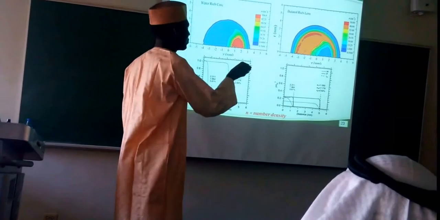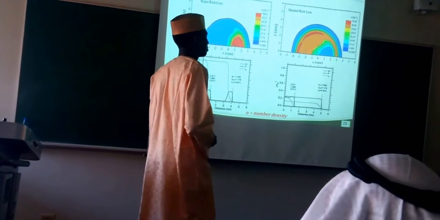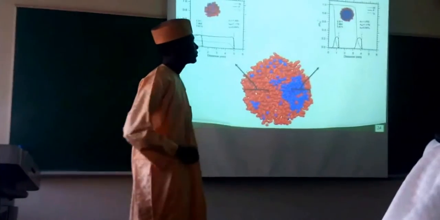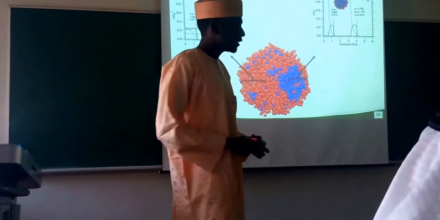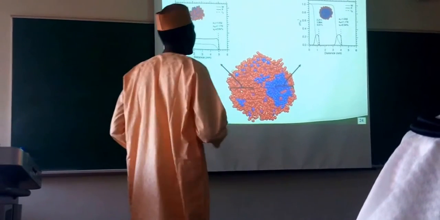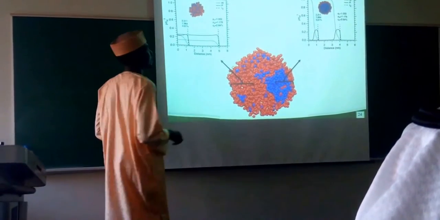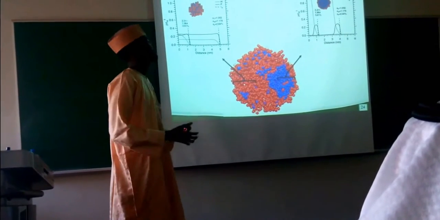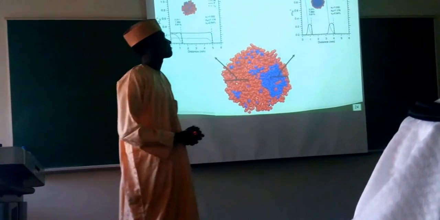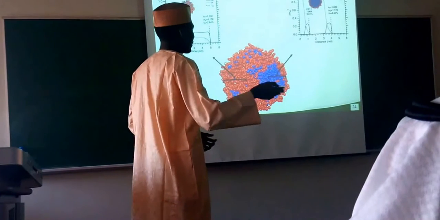Okay, now we have seen the number density and the distribution. Let us explain exactly what happened. What is the difference between our work and their work, and where did they go wrong? Let me recap.